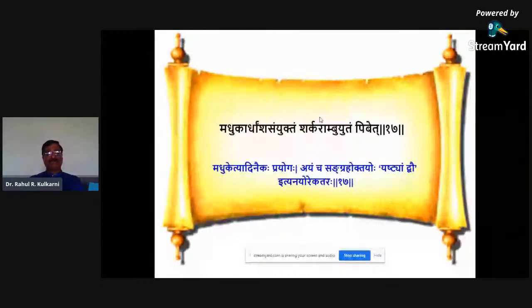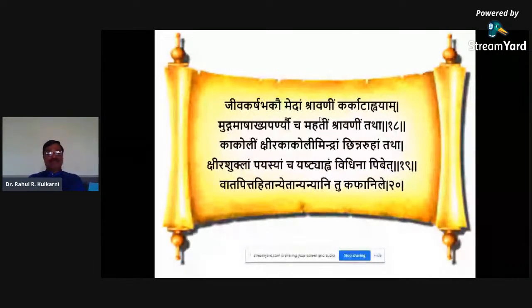This has to be mixed with twice the quantity of Sharkara, added with Jala, and consumed. So if you see Madhuka, which is Shita Virya, and Sharkara, Madhura Rasa Pradhana, definitely these are going to be helpful in Pittotkarsha Avastha, where Pitta is excessively aggravated. In that condition, if it is given, it is going to help for Sukha Purvaka Virechana.